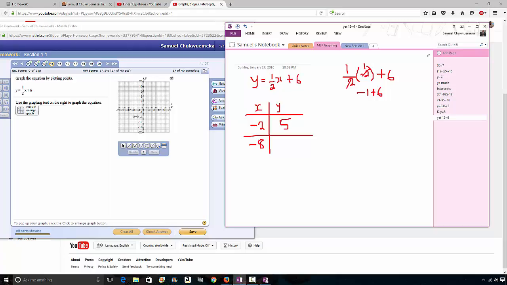So you're good. -2 is included, 5 is included in this graph. Then if it is -8, that means 1/2 times -8 plus 6. Okay, so 2 into negative 8 is negative 4 plus 6, and that gives you what? 2. That gives you 2.